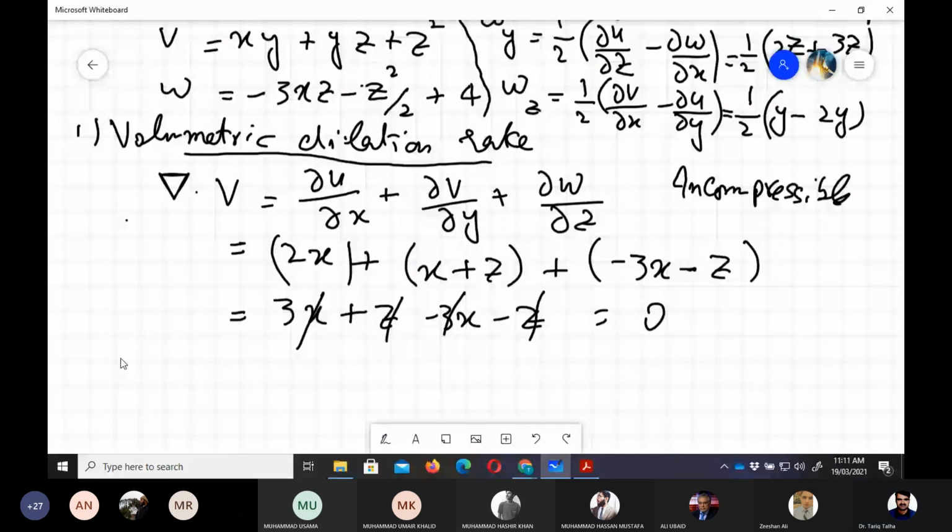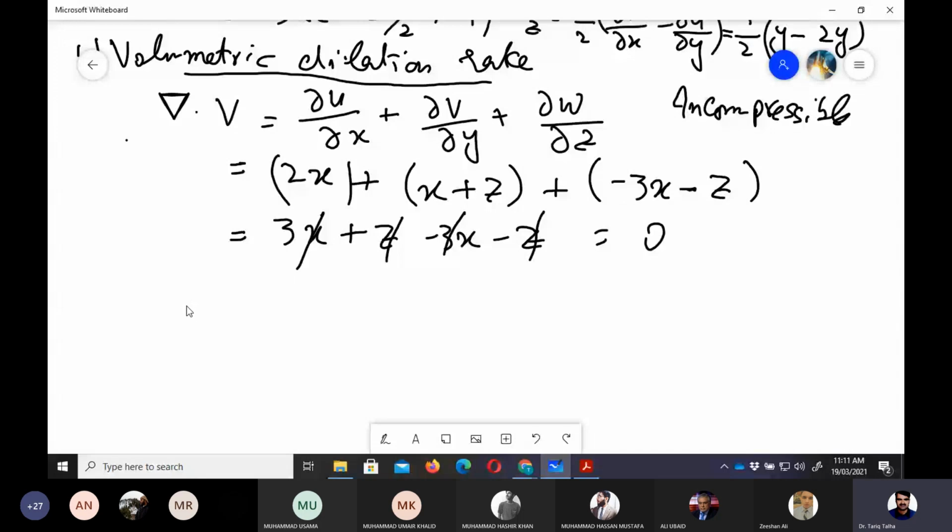Okay, so if we write the rotation vector here, W would be equal to Wx i plus Wy j plus Wz k. Right.